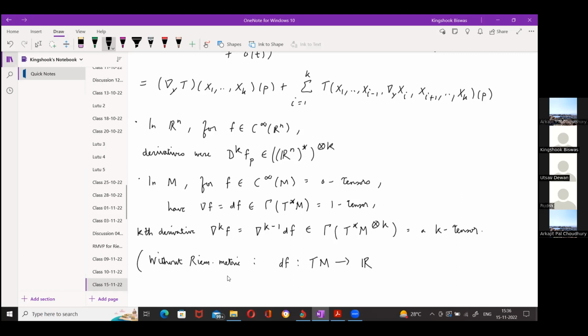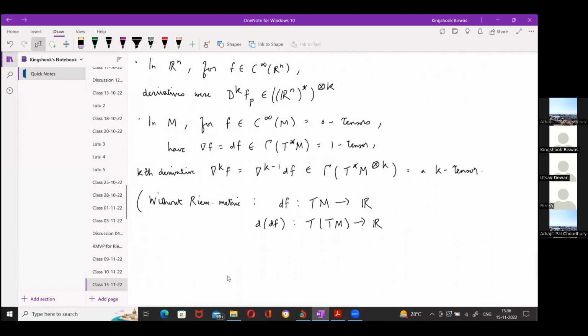Now, where will the derivative of this live? So d of df, the second derivative, is going to be the derivative of this map. This is going to live on the tangent bundle to the tangent bundle, taking values in R. The tangent to the tangent bundle is a much more complicated object.